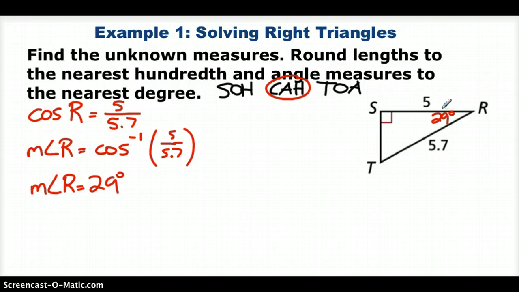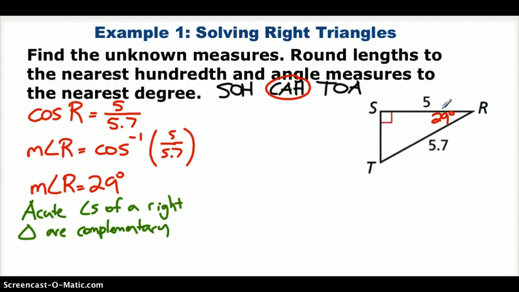Now we learned last semester that the acute angles of a right triangle are complementary, right? So I'll write that down: the acute angles of a right triangle are complementary.